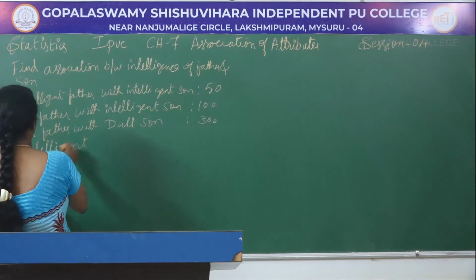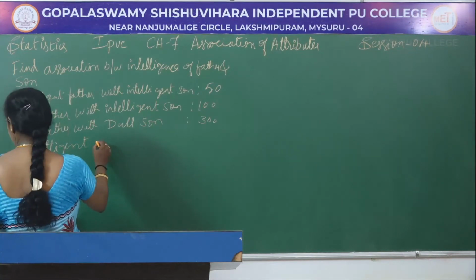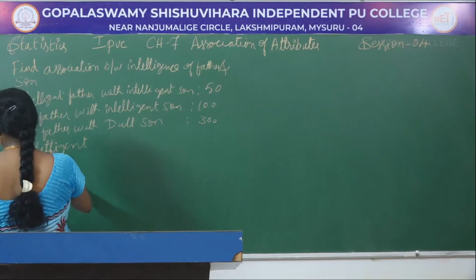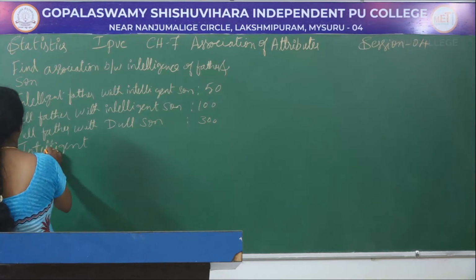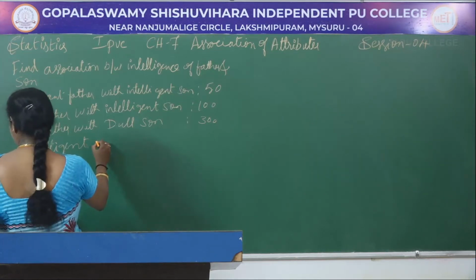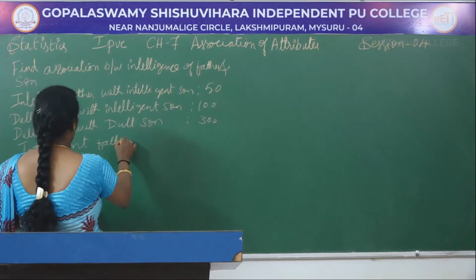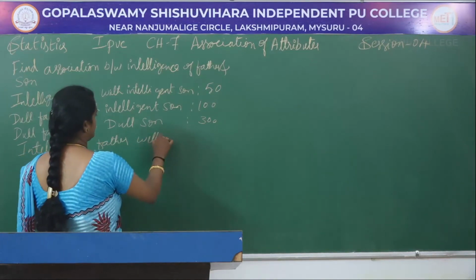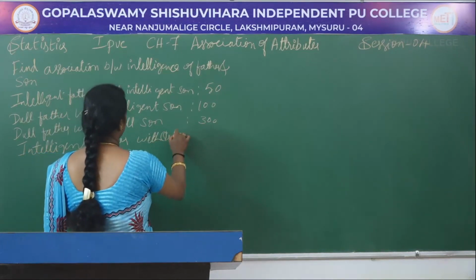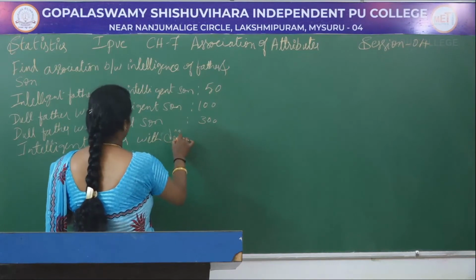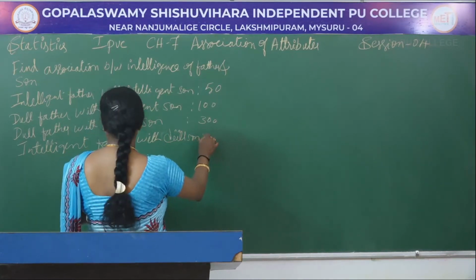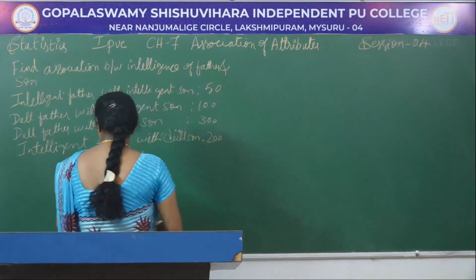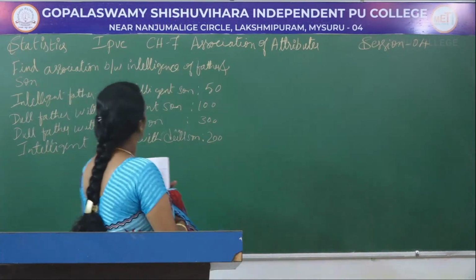Intelligent father with dull son, it is 200. So this is the data actually they have given.